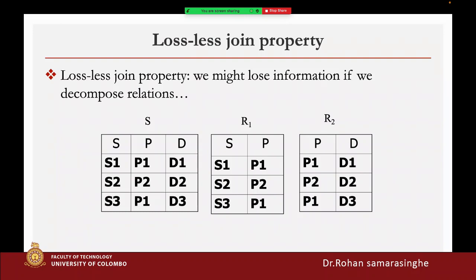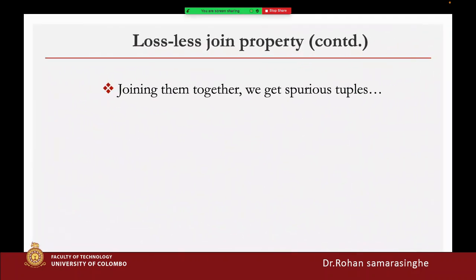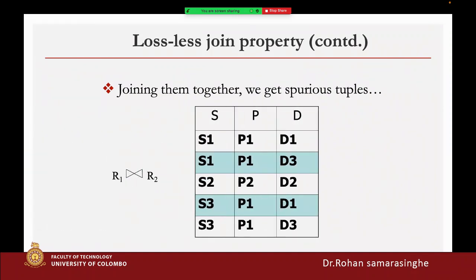Lossless join property, actually, joining them together can give spurious tuples. Here, when we decompose into R1 and R2 and join, we can get S1 P1 D1, S1 P1 D3, S2 P2 D2, S3 P1 D3.